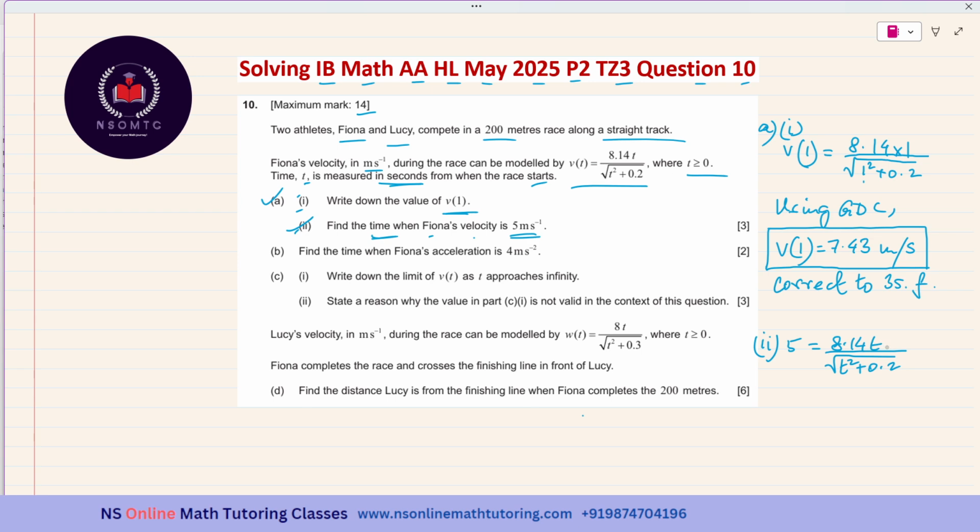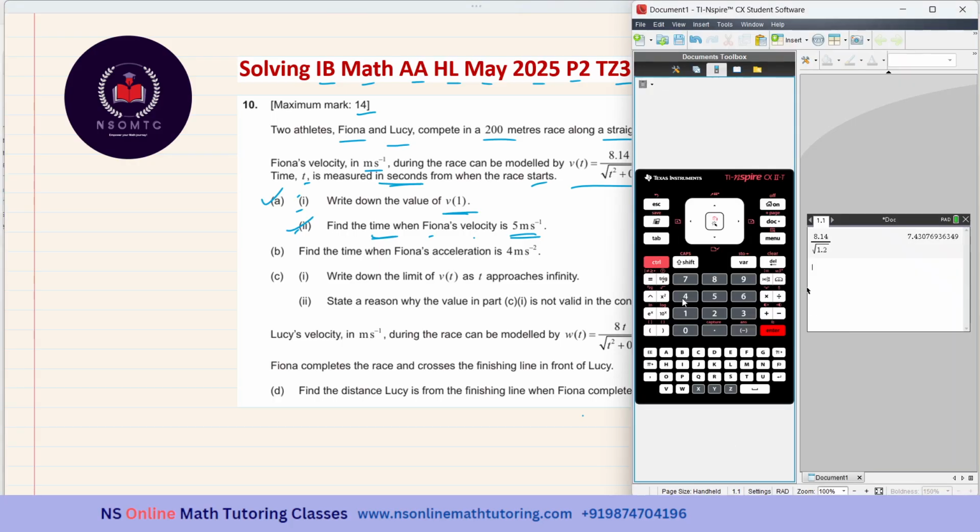You can graph this part separately and y equal to 5 separately, and find the intersection point coordinates, or you can graph the expression 8.14 t divided by square root of t squared plus 0.2 minus 5 and get the zeros. But I'll be using nsolve. Calculator and menu, and then number 3 algebra, and number 1 numerical solve, nsolve.